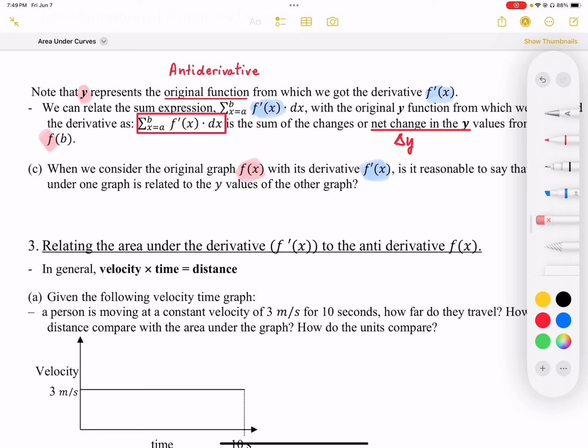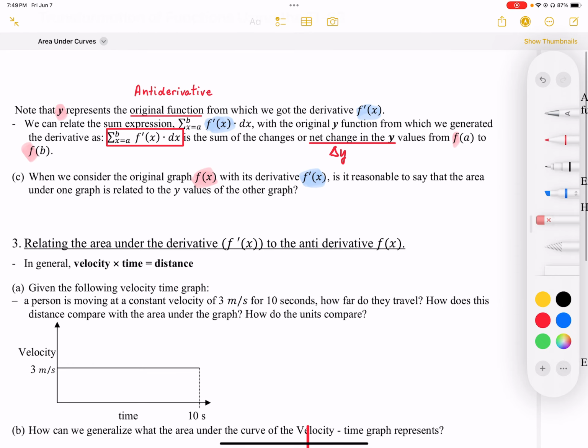This sum of f prime times dx, or the sum of all the areas, must mean that it is the sum of all the changes between whatever our bounds are. So every single rectangular bar is just a small change. If we add up all those small changes, that represents the net change in the y values from the starting point A to the ending point B.